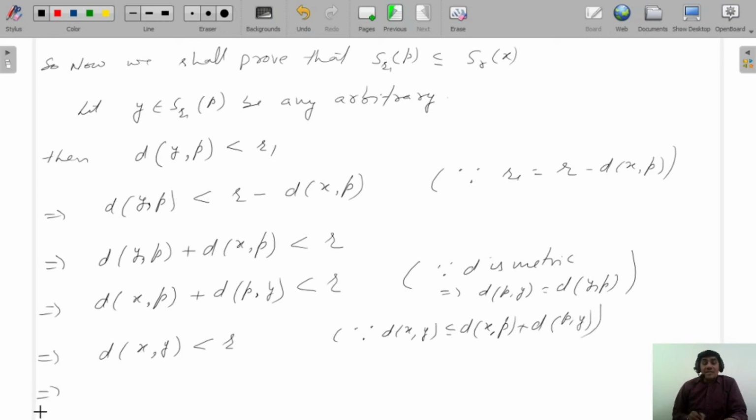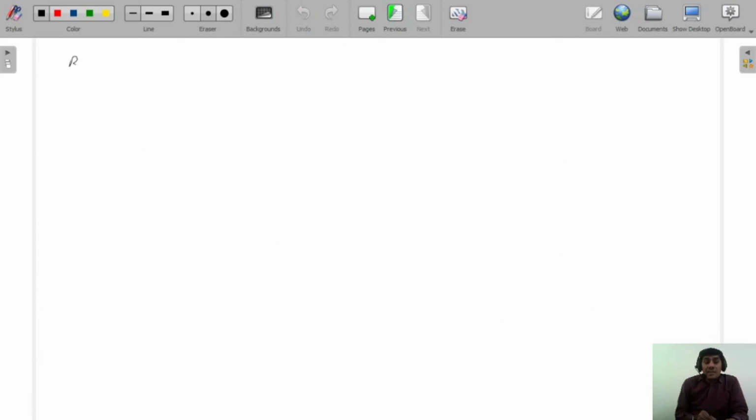This implies y belongs to the sphere centered at x with radius r, but y belonging to S_r1(p) is arbitrary.